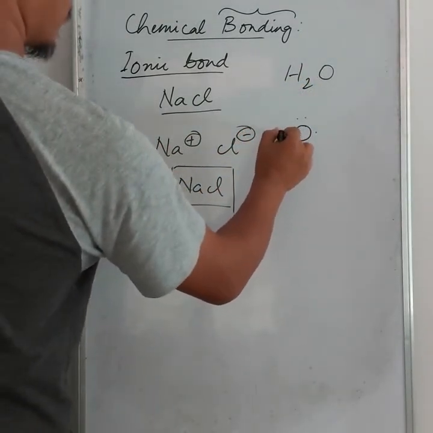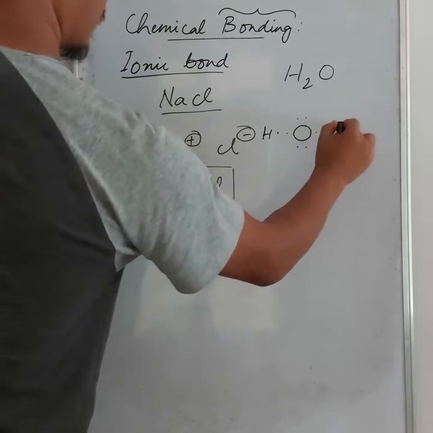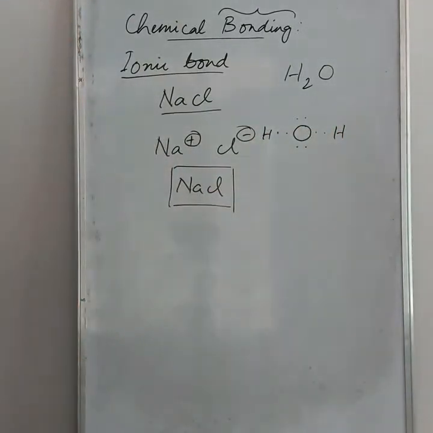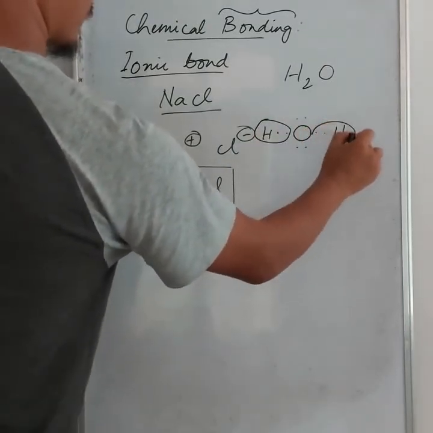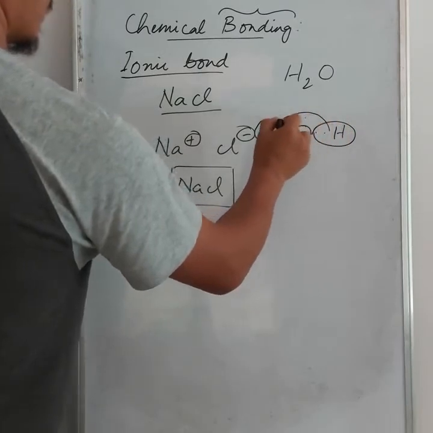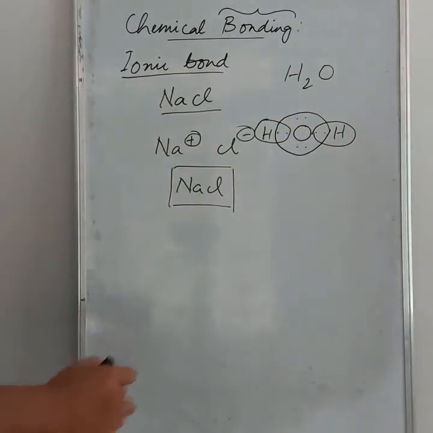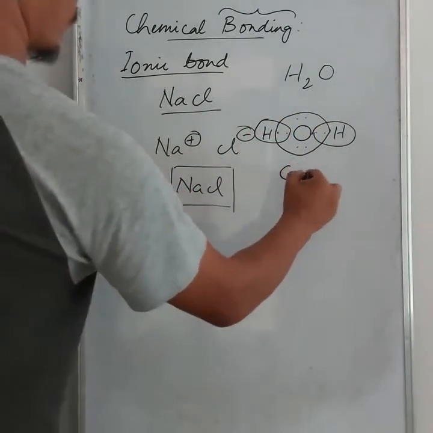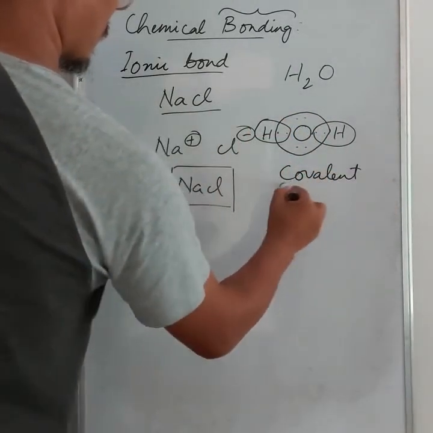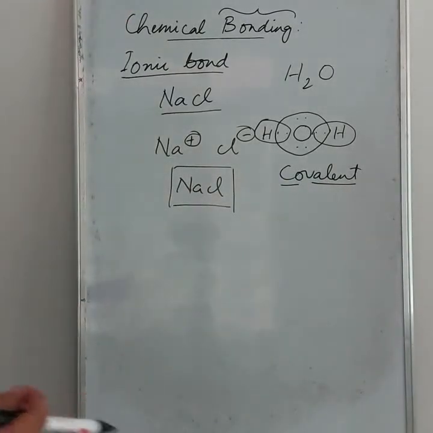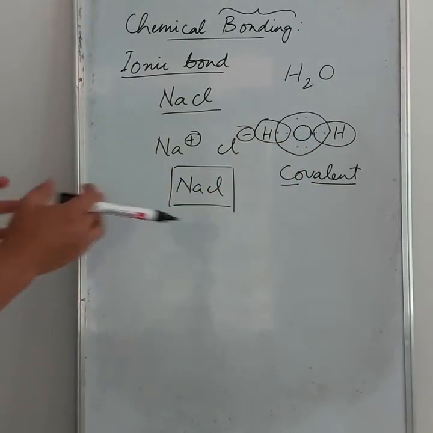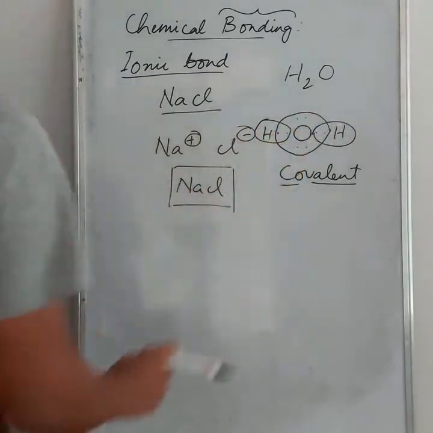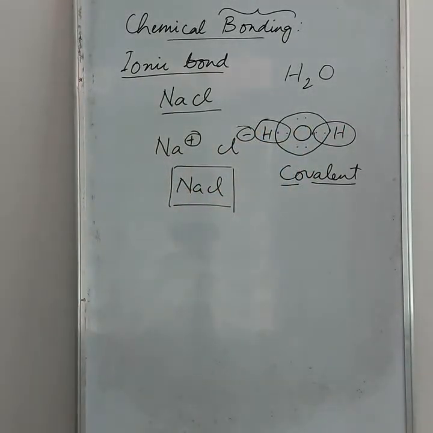So hydrogen will share with the oxygen and this will form a bond, and now the octet configuration of oxygen is achieved. So these types of bonds are called covalent bonds. They satisfy each other's valency. Therefore, they are called covalent compounds, and they are formed by sharing of electrons amongst themselves. So that is an example of covalent bond.